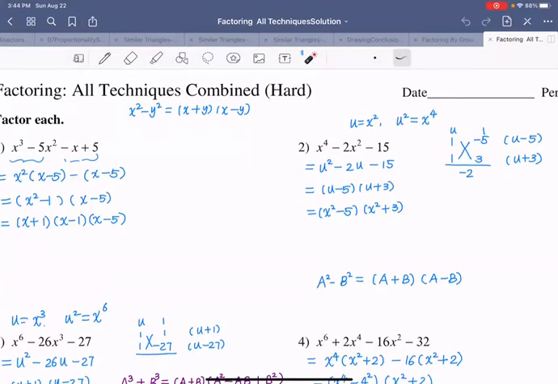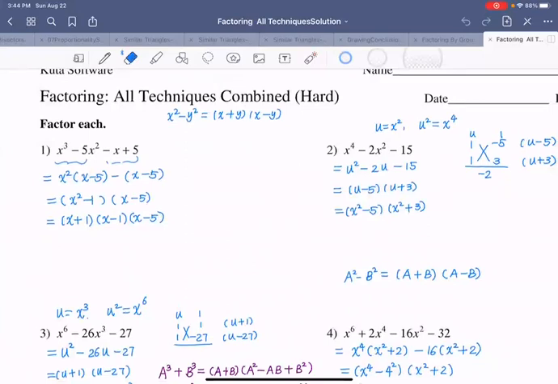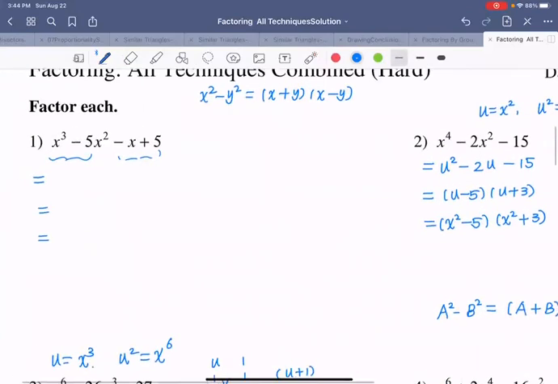Let's see the first one. Ashley, let's go ahead and run this question. We can use the skill we learned just now, regrouping.